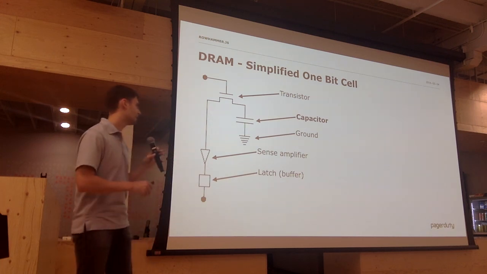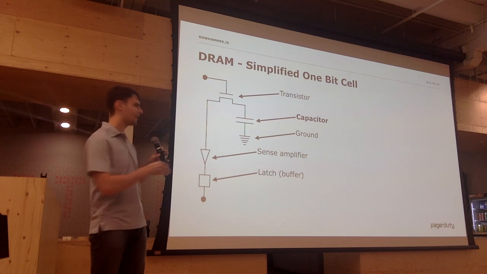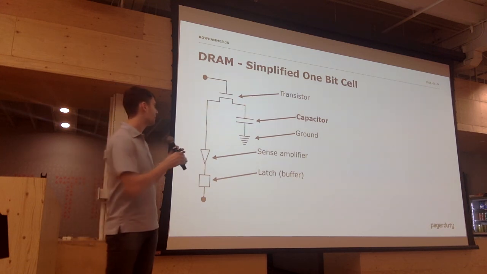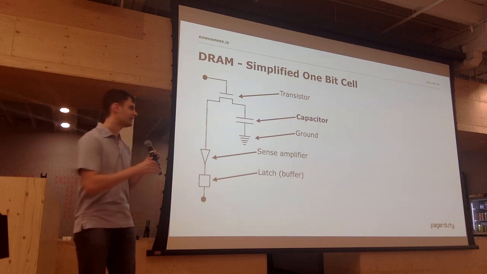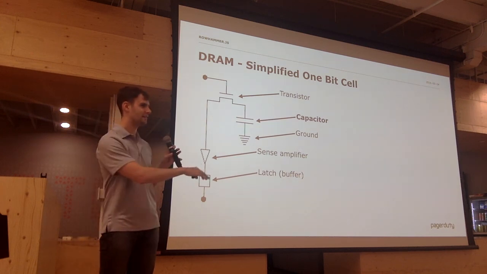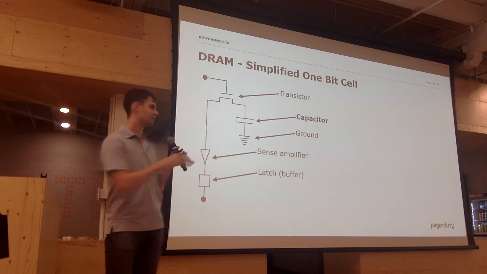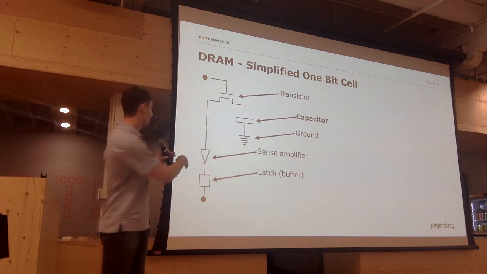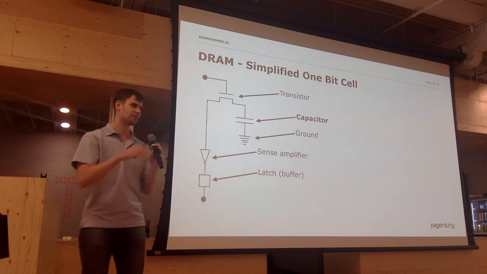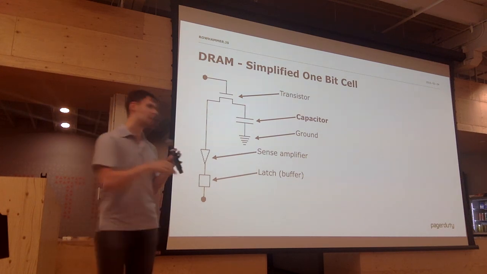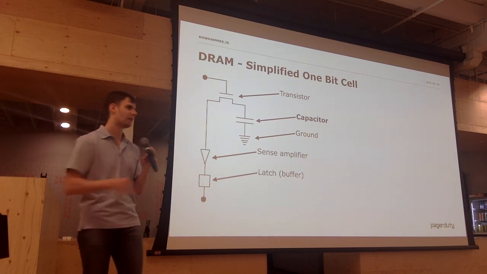So you can store that bit of memory in a capacitor, and then by using a transistor, if you apply power to that, you can connect it to the rest of the machinery for the memory. If that capacitor was charged, that charge would go through. You have a little sensor in there to check to see if it was charged or not. And then you put that into a latch, which is basically a buffer for that 1-bit memory.